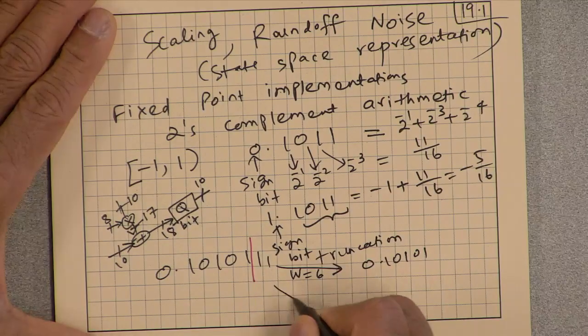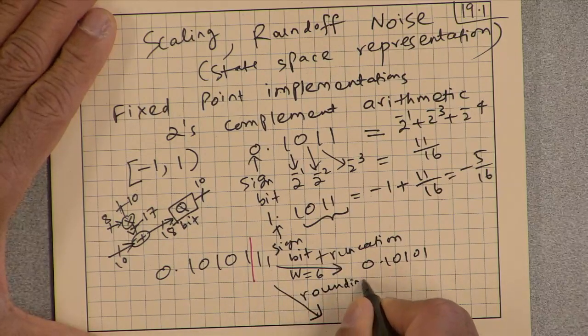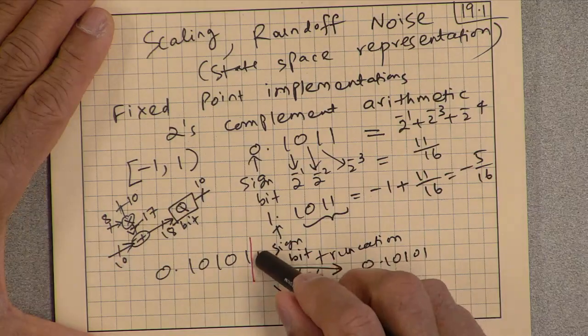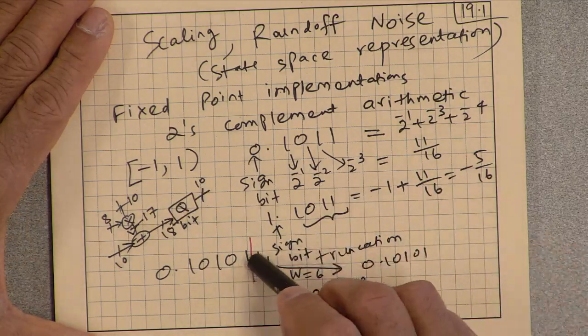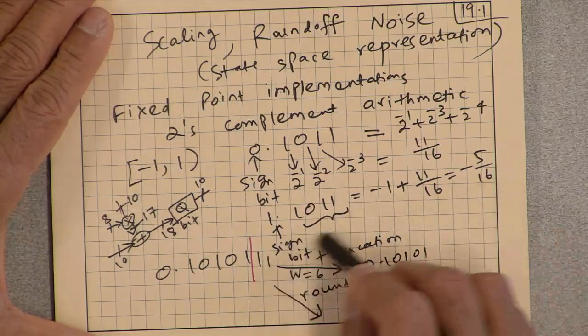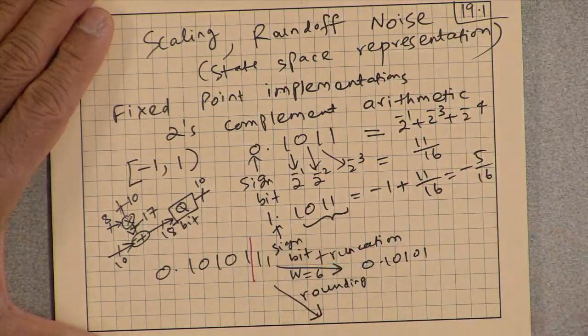Now another approach to approximating that is called rounding. When we round a number, we don't just throw away all the bits after 6 bits, which is the word length that I want to approximate to.